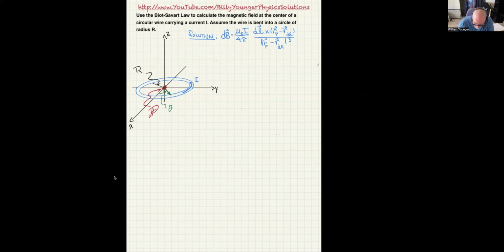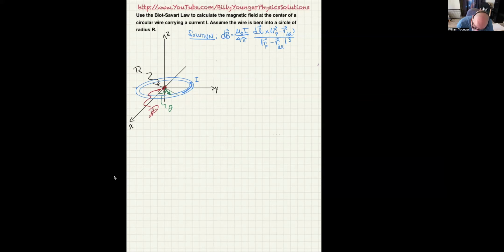To make the DL, I'm going to allow theta to change from theta to theta plus d theta. That gives me another line pointing to the end of the DL vector, only it's not a vector, it's just another line.